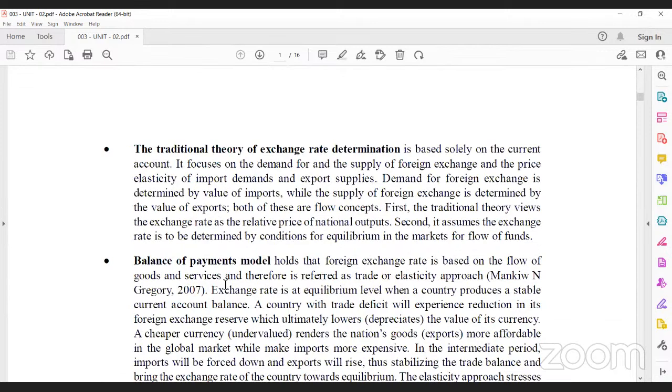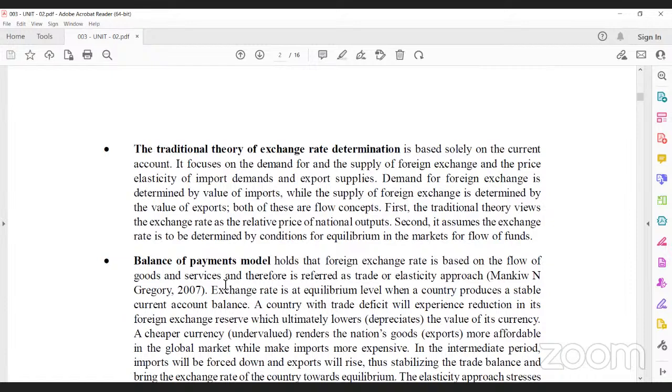These rates are based on demand for foreign exchange, which is determined by the value of imports, while the supply of foreign exchange is determined by the value of exports. Both these concepts are flows, inflows and outflows, imports and exports.